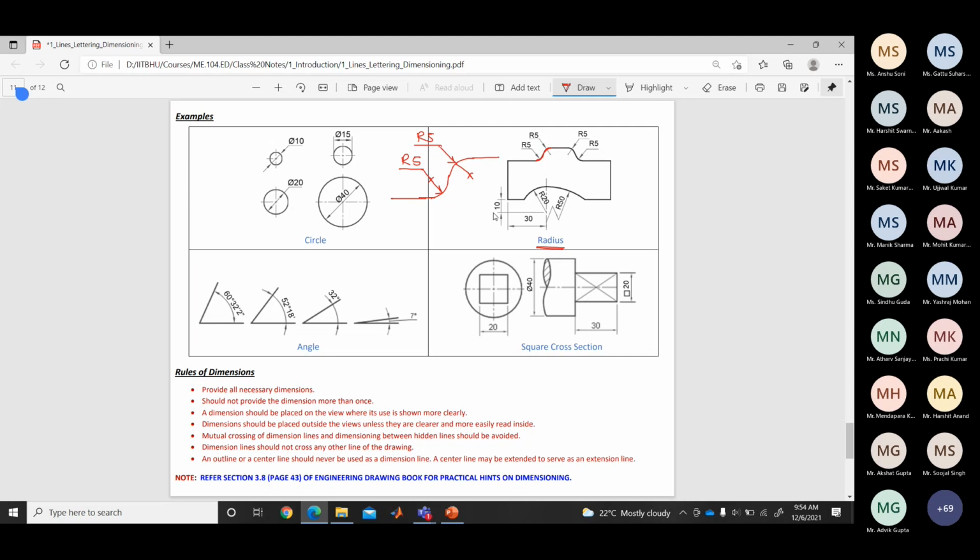Alright. We should avoid these things. Alright. So these dimension lines are cutting each other. Okay, so this is wrong. This is alright. So as far as possible, you should avoid these things. Okay, avoid the crossing or cutting of the dimension lines. Alright. Also, the dimension line should not cross any other line of the drawing.